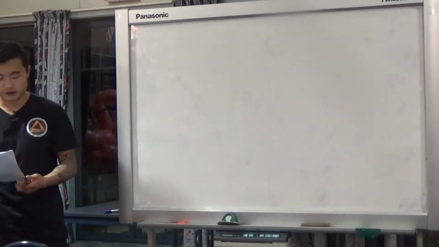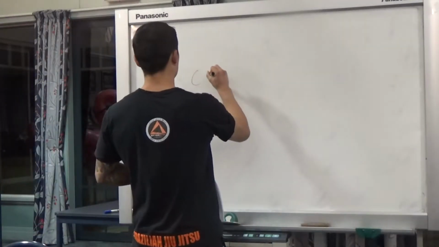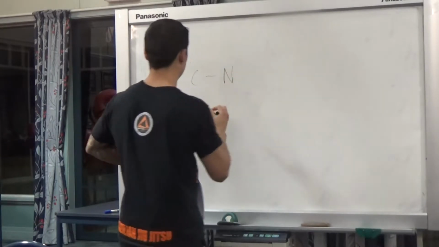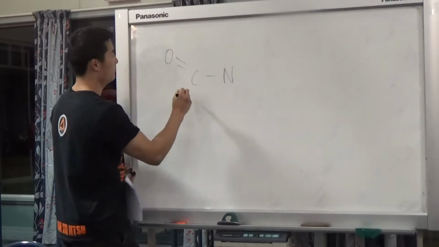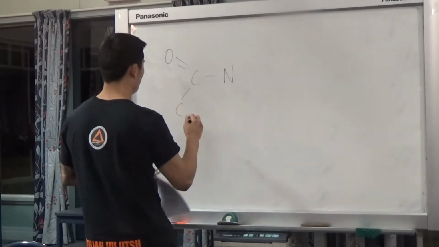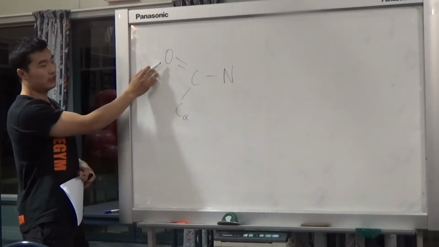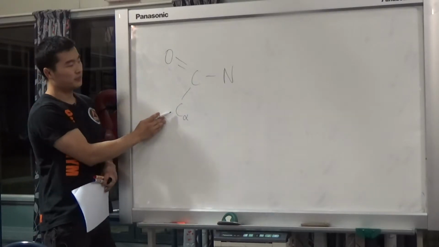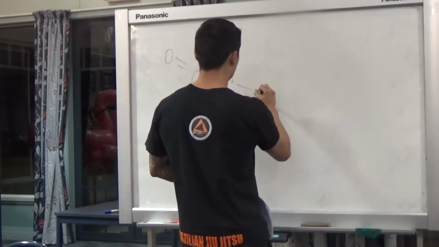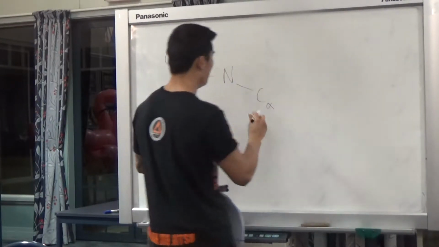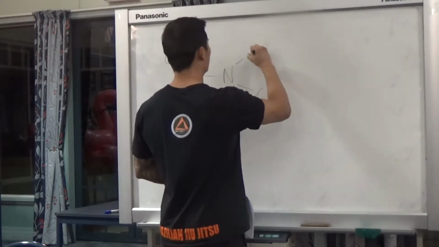And then you want to draw the cis conformation of a peptide bond. So in the cis conformation, both of the alpha carbons are on the same side. So here's a carboxyl carbon. It's double bonded to an O, and it's bonded to our alpha carbon. Okay, and if it's a cis, it means that the alpha carbon of the nitrogen is also going to be pointing on the same side as well.